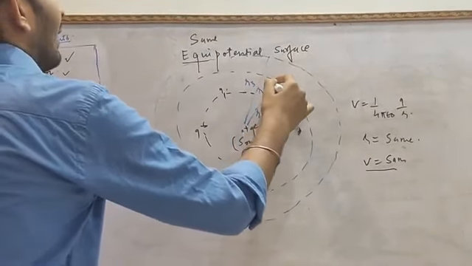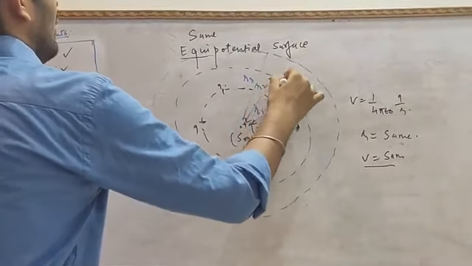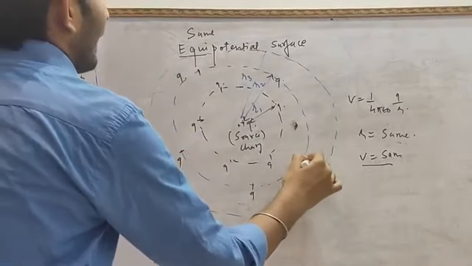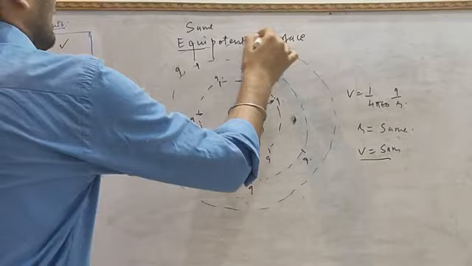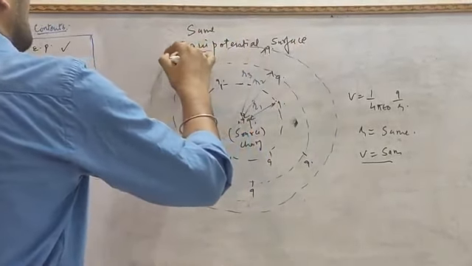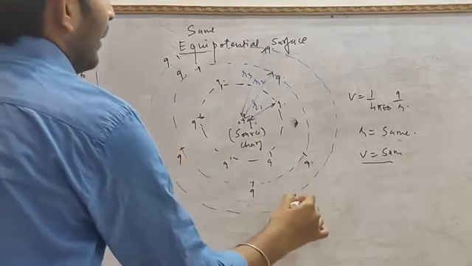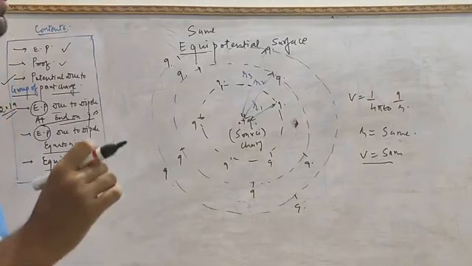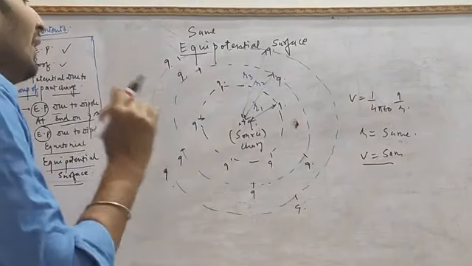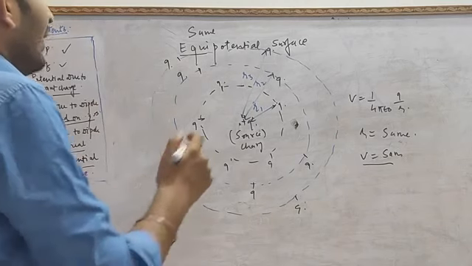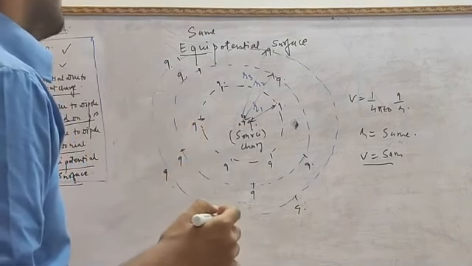Similarly, for the distance R2, wherever you place the charge, the potential will be the same. Similarly for radius R3, if you place the charge anywhere on this circle, the potential will be the same. So this is a system where the potential will remain the same, which is possible only on a circular path of a fixed radius. That is known as an equipotential surface.